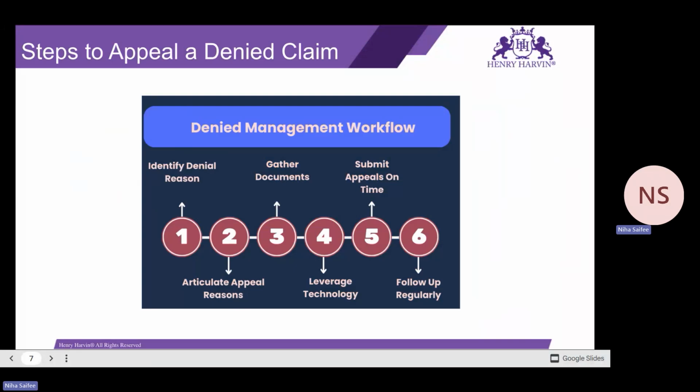Every system has a process. When we have a denial, you understand what the reason is, you gather all the documents required, you correct the mistakes, you use technology to improve the claim submission, and then you submit.